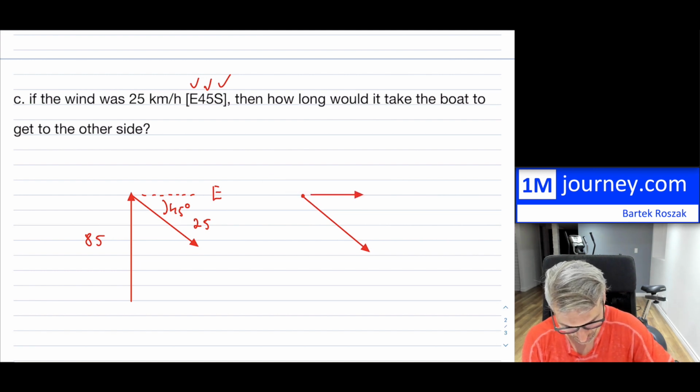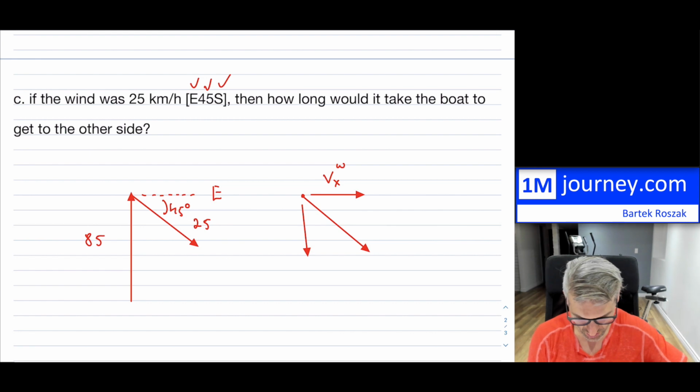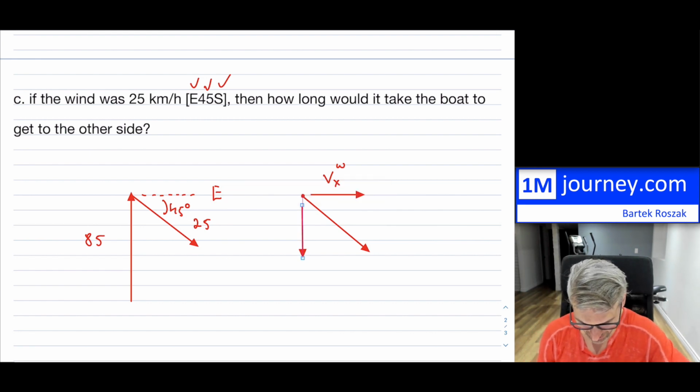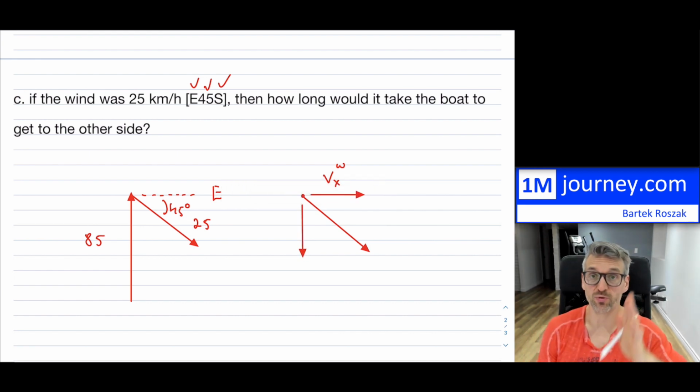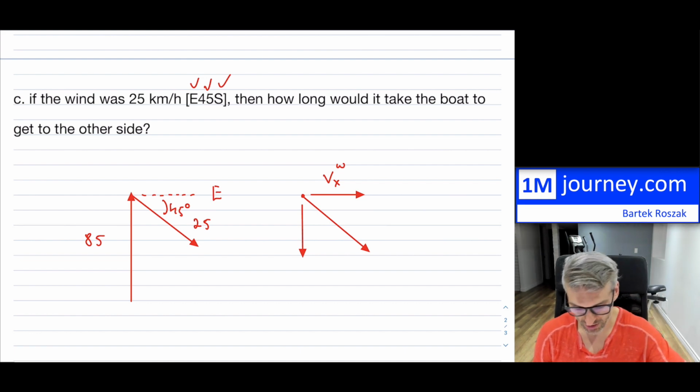It's going to have a component which still pushes us, the wind's component in the x direction. Maybe I'll put W for wind. And it's going to have a component in the y direction, and this y component is going to be against the actual movement of the boat.